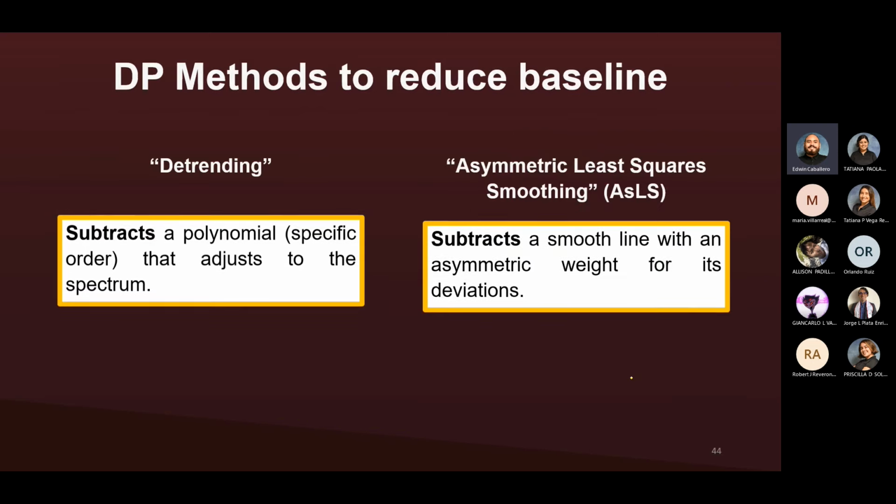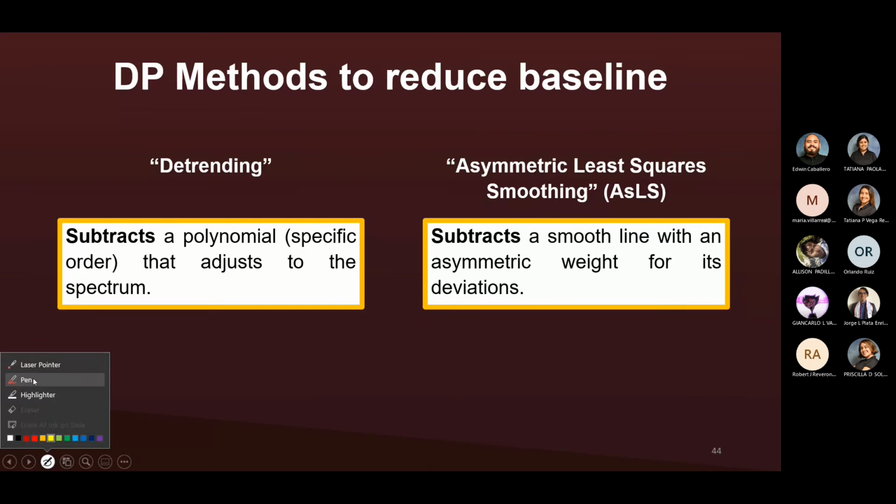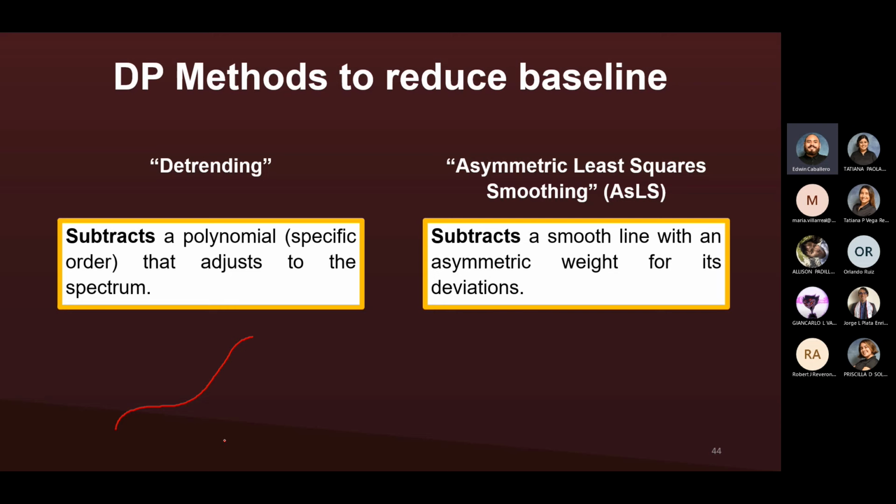There are two different methods that you can use for this. One of them is known as detrending, where you simply subtract a polynomial. So you use a polynomial to estimate the baseline of your spectra. Your polynomial can be simply x to the 3, or it can be a combination of different constants. So basically, you play with the polynomial in order to get the best results possible.